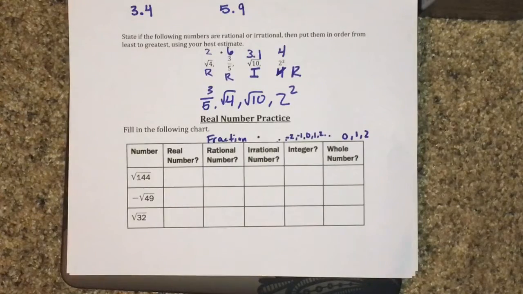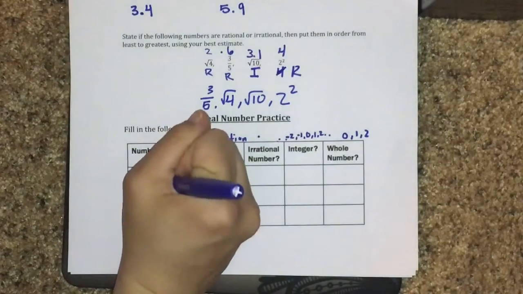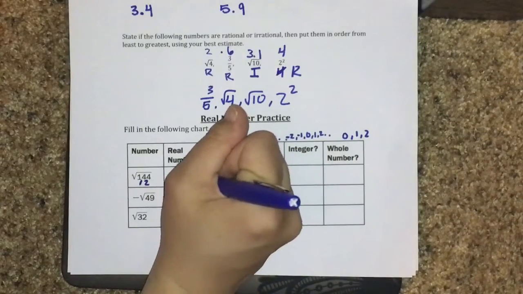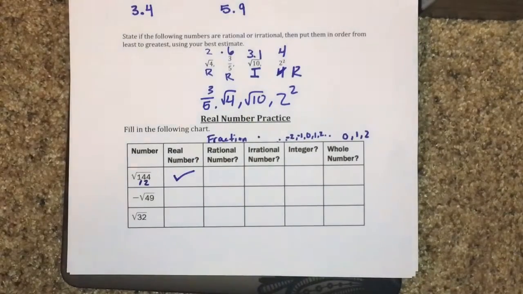So when we're going through this, we are going to have to look at the square root of 144, identify what that square root of 144 is, and then label each of these. Well, the square root of 144 is 12. Is 12 a real number? Yes, pretty much all numbers are real numbers. Is 12 a rational number? Can 12 be written as a fraction?